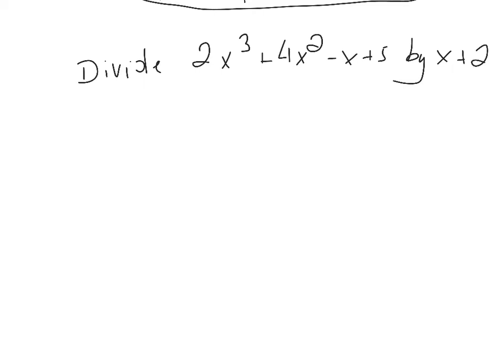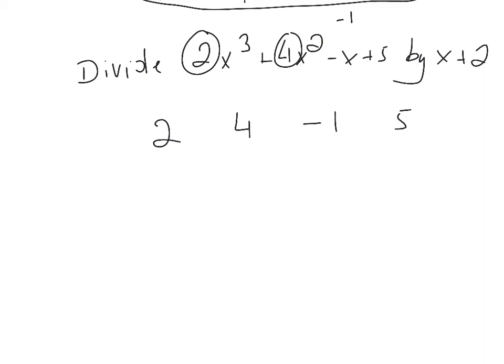Okay, so now think about the coefficients. This is now a cubic function. So the leading coefficient here is 2, then 4, technically -1 over here, and 5. And if you notice, there is no missing term. It's x cubed, x squared, x to the first, and 5. So you can put 2, 4, -1, and 5.